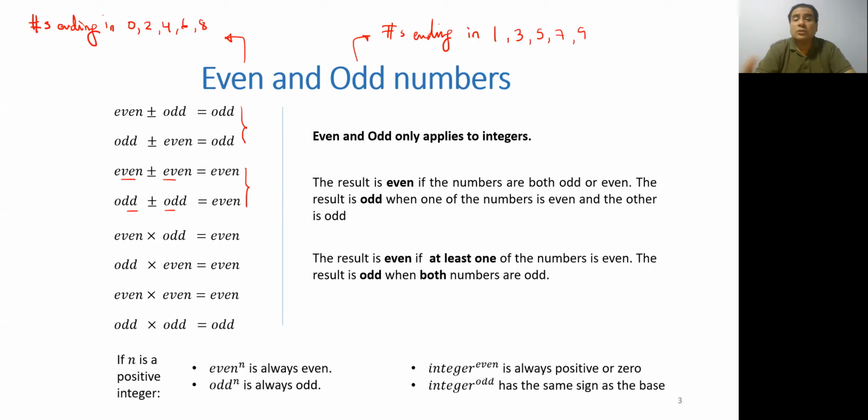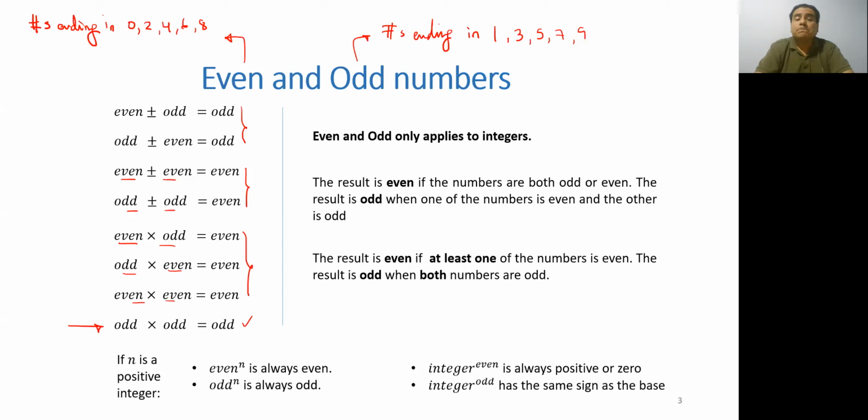In a multiplication, the two factors need to be odd if you want an odd result. But for a product to be even, all you need is just one even factor. So it could be even times odd, odd times even, or two evens. You will get an even product.